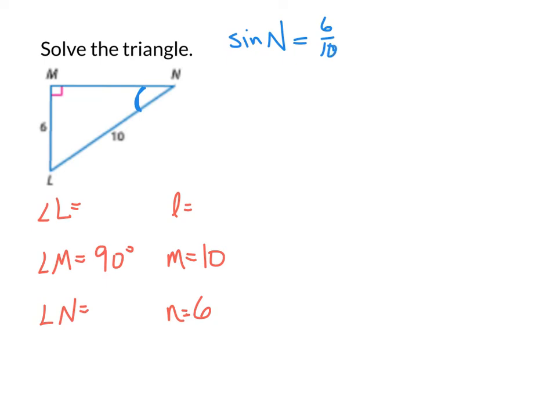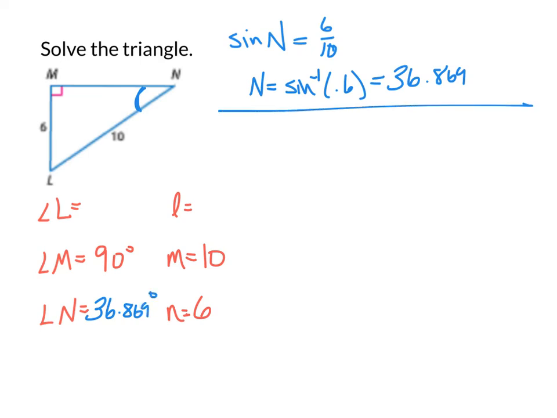To calculate that, we have to get rid of the sine, so we'll use sine inverse, and N is going to be the inverse sine of 6/10. So we go over to the graphing calculator, and we get a value of 36.869, which means the angle measure of angle N is 36.869 degrees.